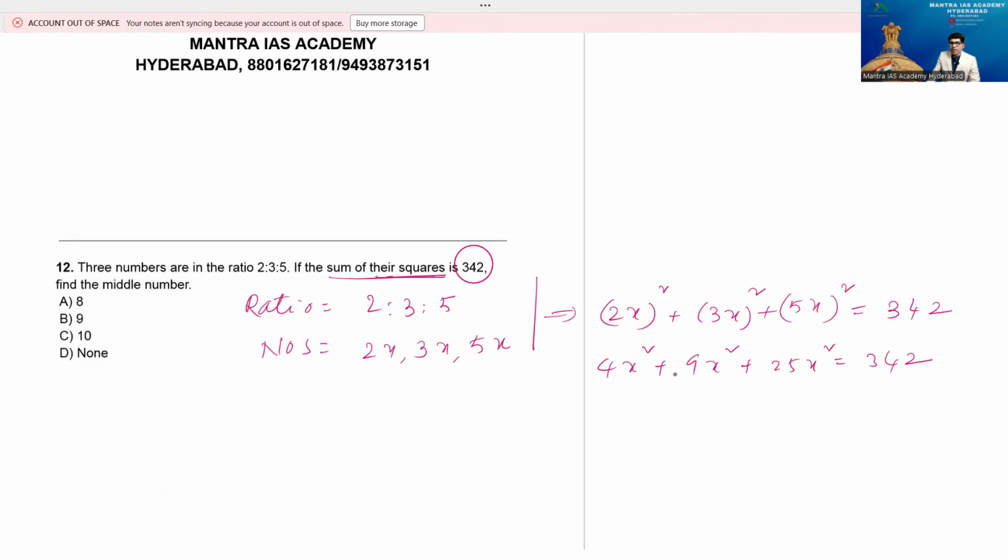Its value: 4 plus 9 is 13, 13 plus 25. Just observe now, this is a very simple point. Now it is exactly 38x square is equal to how much? 342.